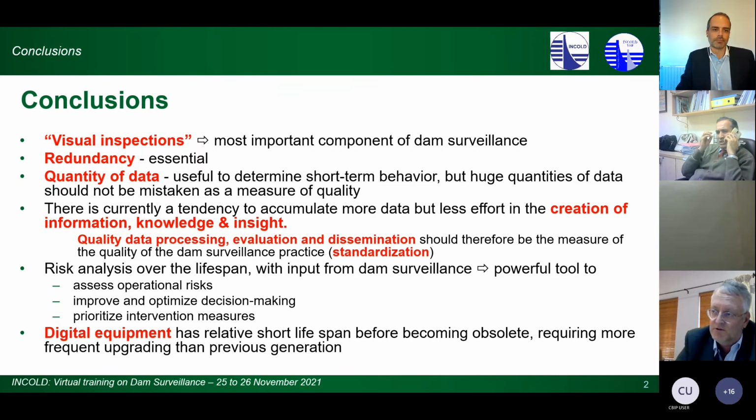And then the other important thing: it's very good that we have all these new technologies. Most of them use some form of digital equipment. But remember, most of this equipment has a relatively short lifespan. So if you go for a system like that, you have to budget and plan to regularly replace it with new equipment. And your personnel should reflect it as well.